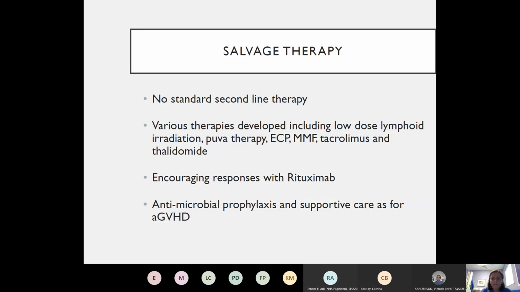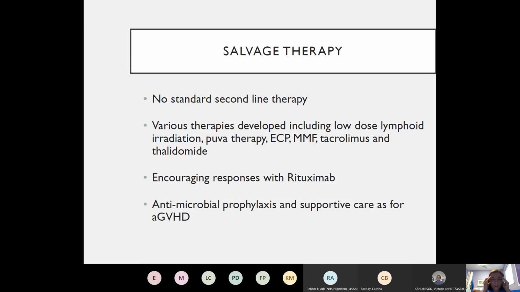So for chronic GVHD, there's no standard second-line therapy. It's one of those areas where for many years there's been a lack of progress in treating it. There's various therapies that have been adopted, including low-dose lymphoid radiation, PUVA therapy, ECP, MMF, tacrolimus, thalidomide.